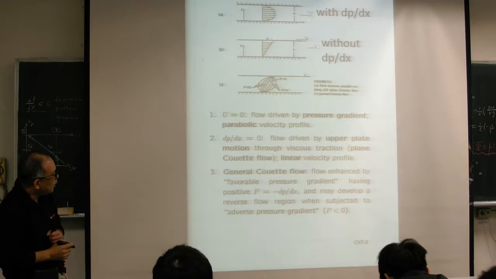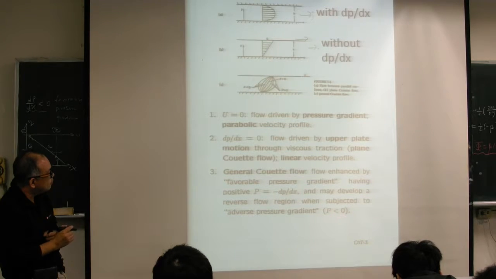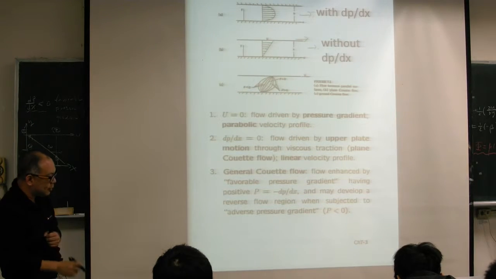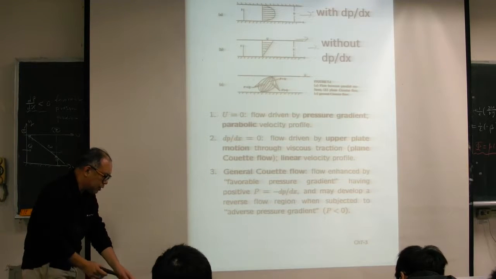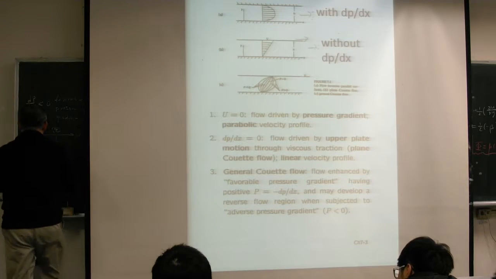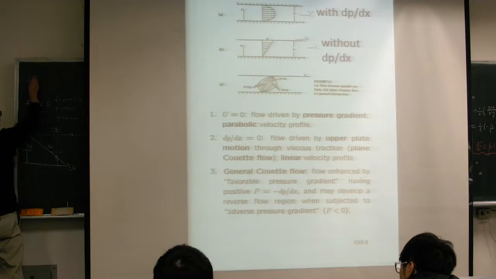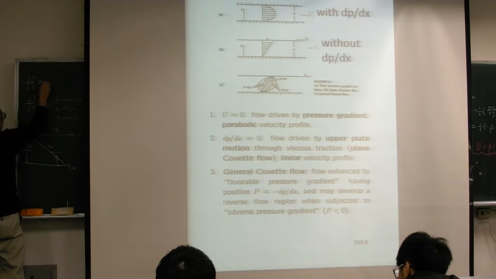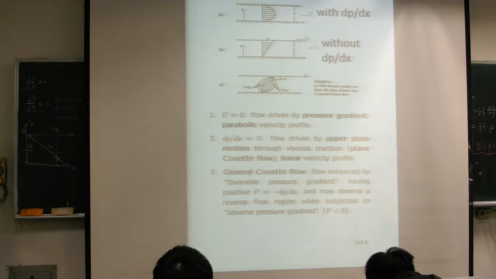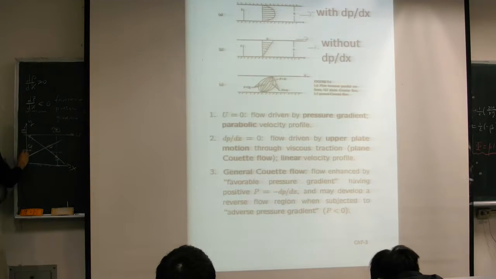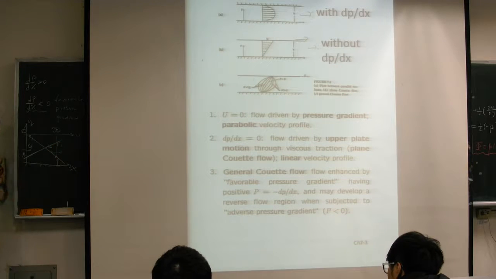Vice versa, if the capital P is less than 0, so dp/dx is greater than 0, that's the other case. The pressure gradient is greater than 0. Vice versa, right? P1 is lower, P2 is higher.